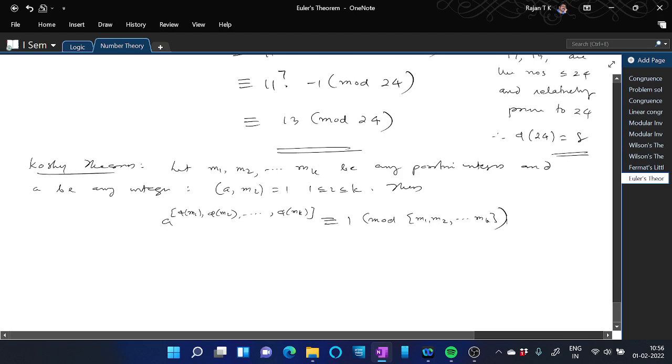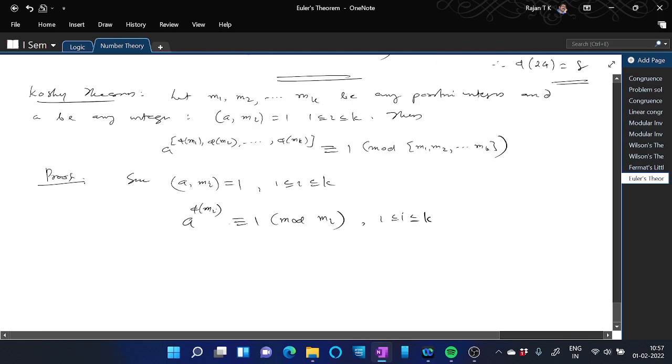The proof is just a direct application of Euler's theorem. Since for every i, gcd(a, mi) equal to 1, by Euler's theorem we have a raised to phi(mi) is congruent to 1 mod mi, for all i, one less than or equal to i less than or equal to k.